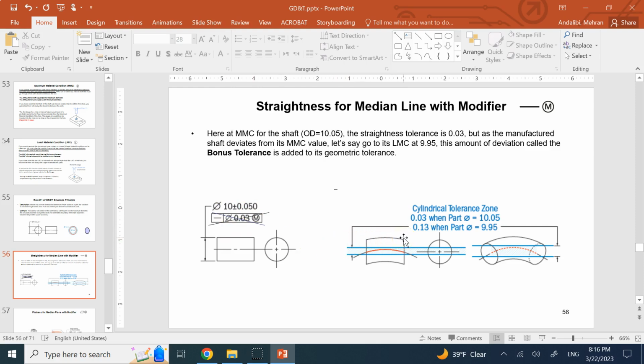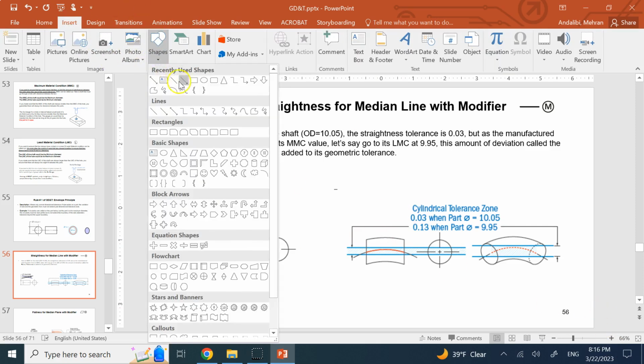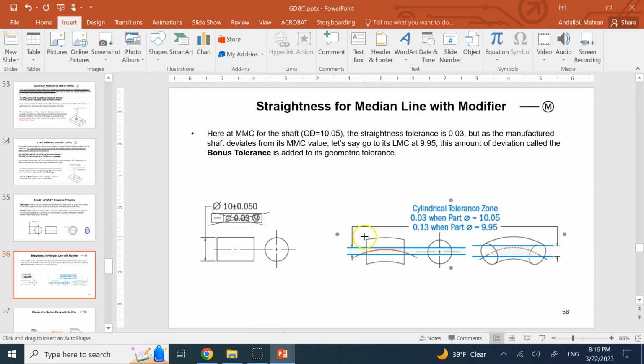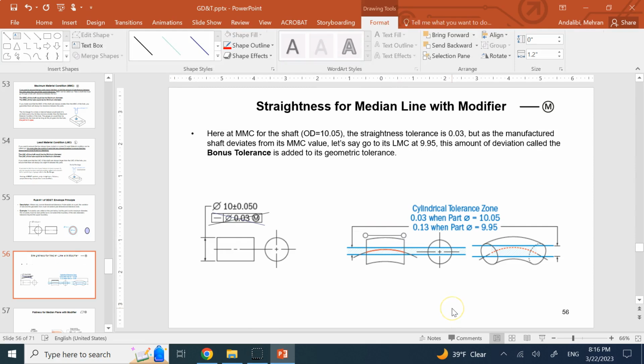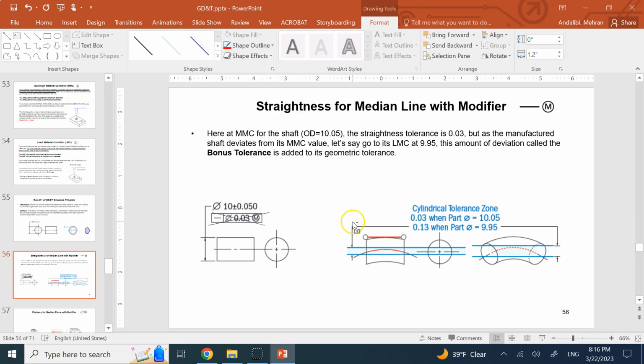At MMC, I can draw a tangent line here. Let me bring it down between that tangent line and another one down here like this.